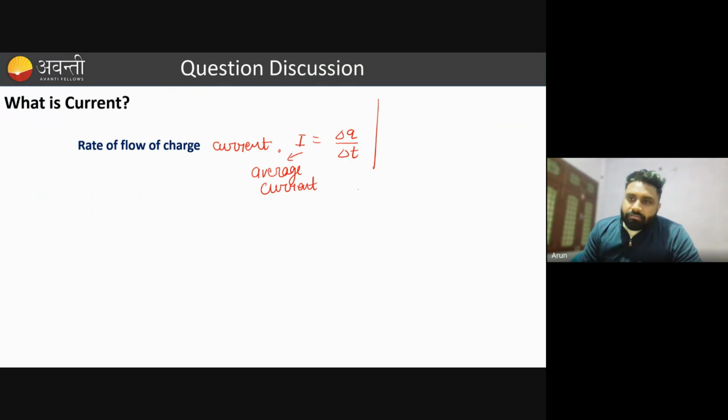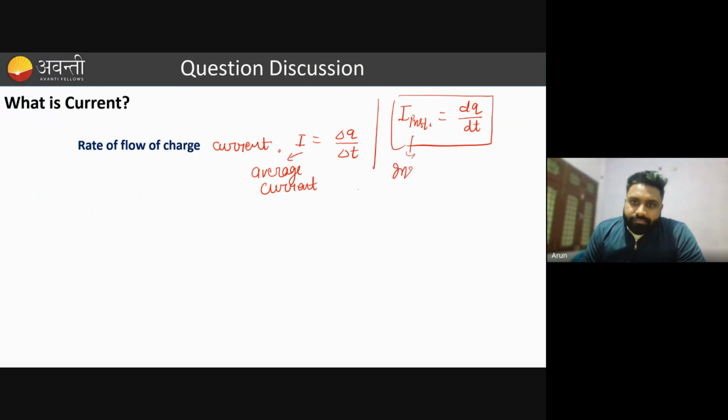And if you want to know the current at a particular instant, then the value is I instantaneous equals dq upon dt. For a very small change of time, a very small value of charge will flow. So it is dq by dt. This is the instantaneous current.